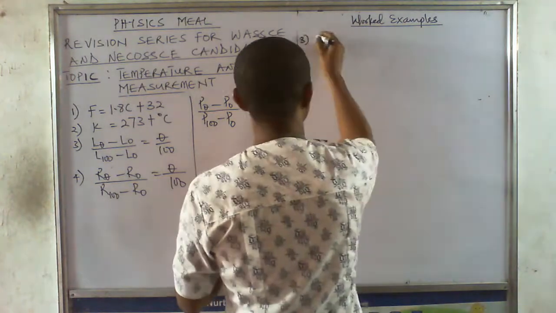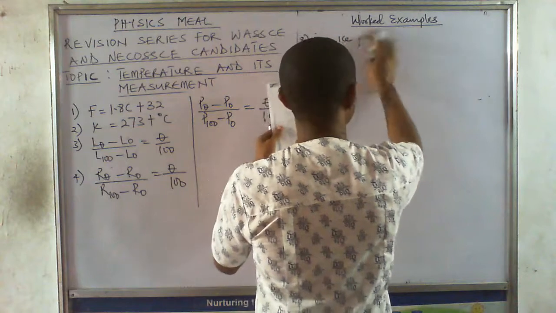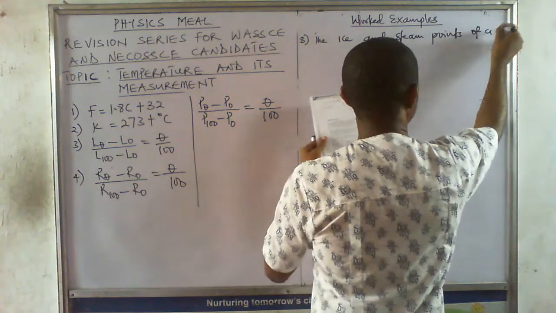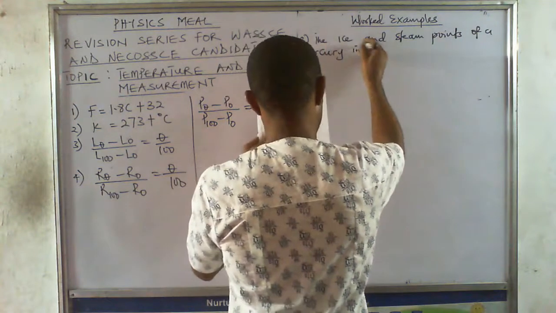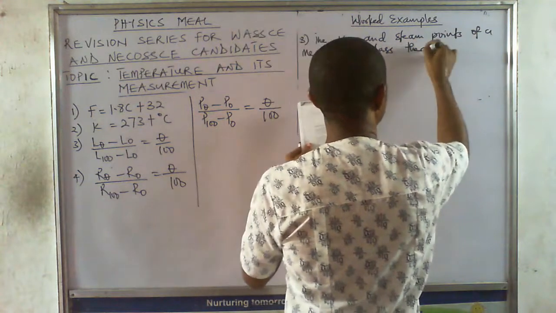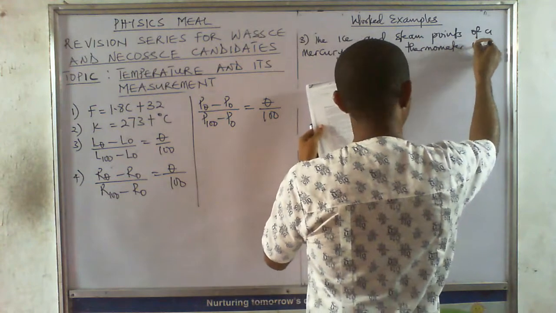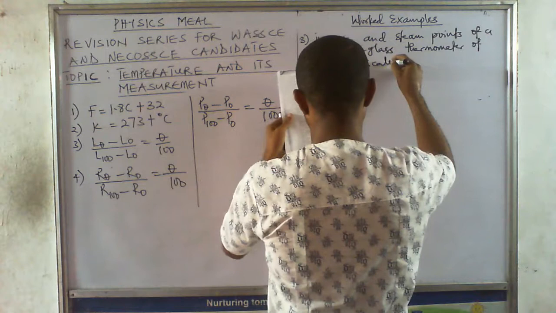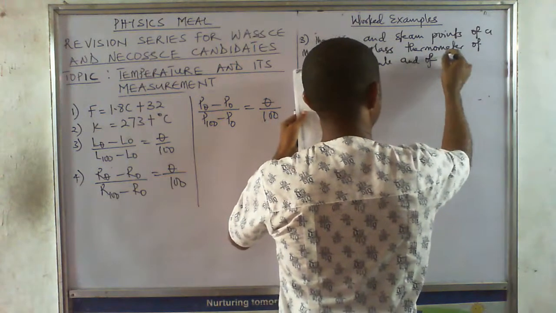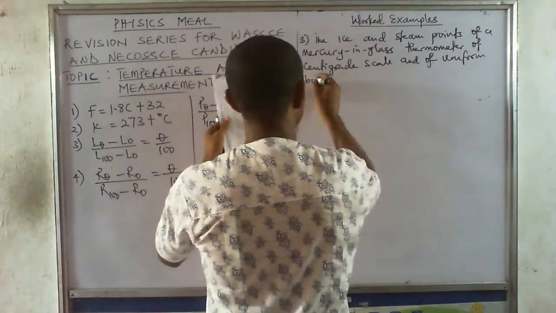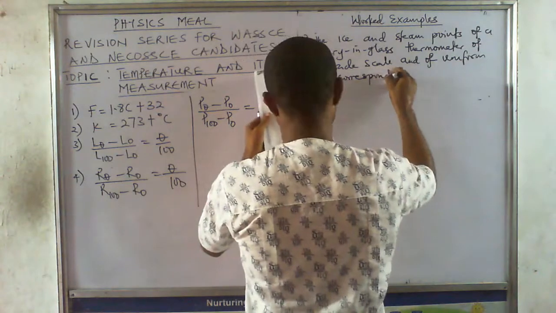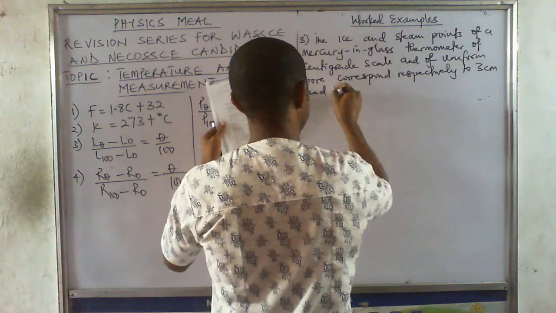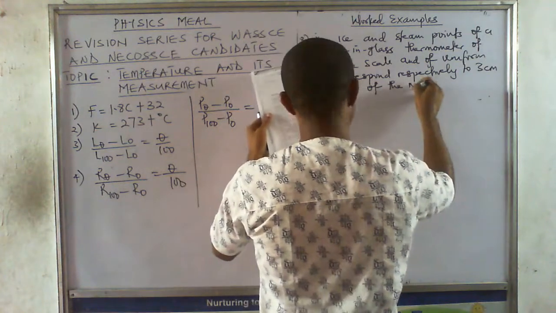All right. Let's look at this. Question number 3. The ice and steam points of a mercury in glass thermometer of centigrade scale and of uniform bore correspond respectively to 3 cm and 19 cm of the mercury thread.